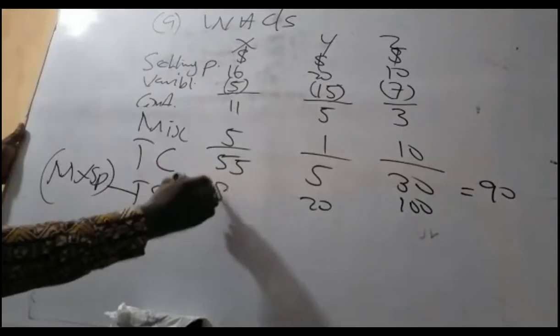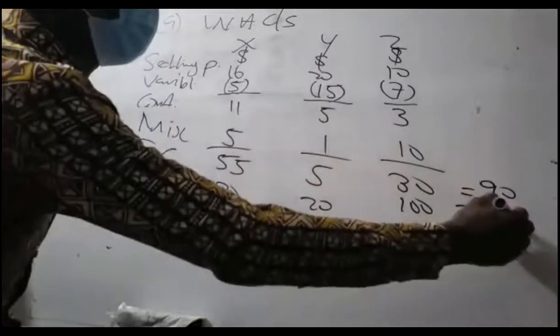Then 10 times 10, 100. Now putting all this together, we get 200. Perfect.